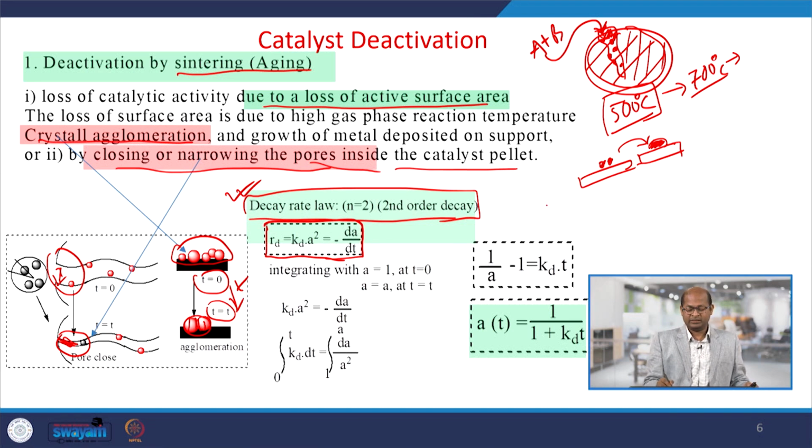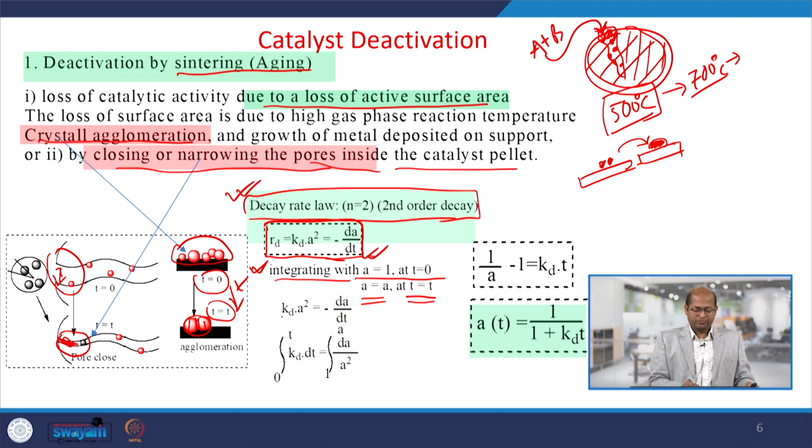Here k_d is the decay rate constant and a is the activity. We rearrange and integrate with the boundary conditions: a equals 1 when t equals 0, and a equals a, the activity at any time, when t equals t. Initially it should always be 1, and then a may be a fraction such as 0.8, 0.6 or 0.7.